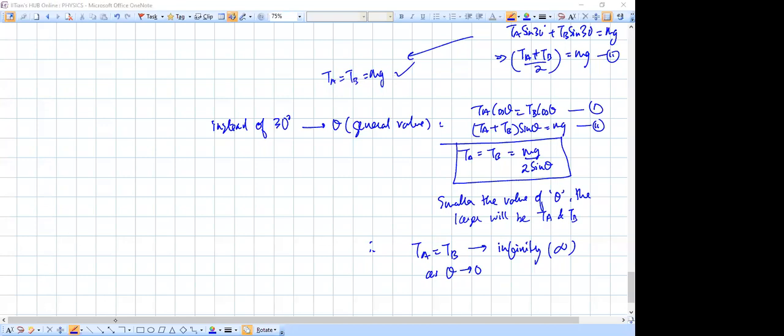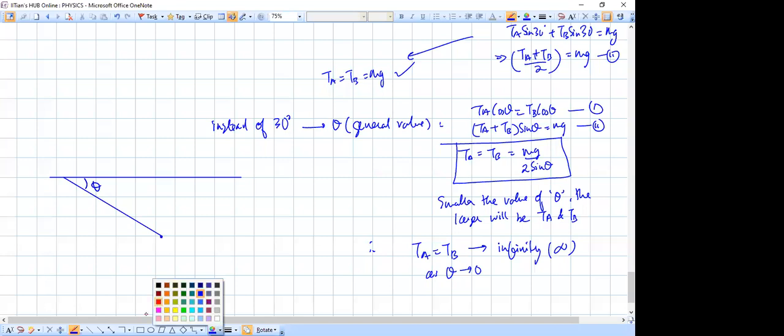Okay, Shikhar, there should be no confusion with the angle. Let me explain again. If you have a string over here where this angle is theta, then at this point the tension that is acting, that is acting like this.